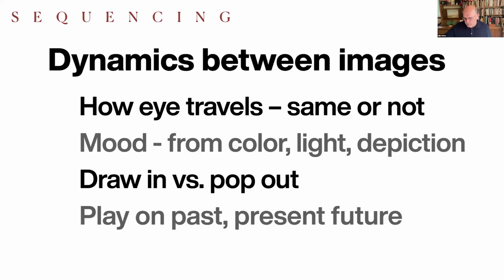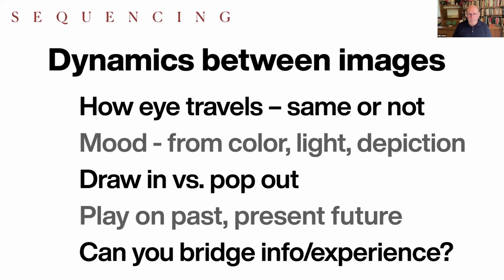You can also play with photographs that represent the past, present, and future. You can speak to, in one photograph, something that has happened, and then in the next one, maybe something that grew out of that having happened. So not everything is in the present tense in terms of sequencing.